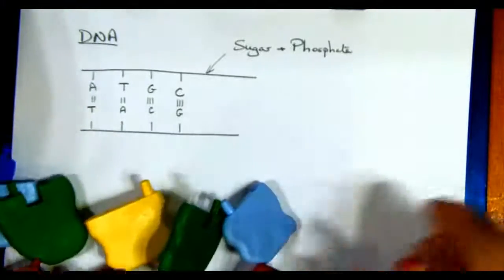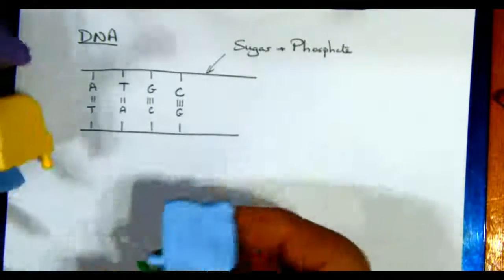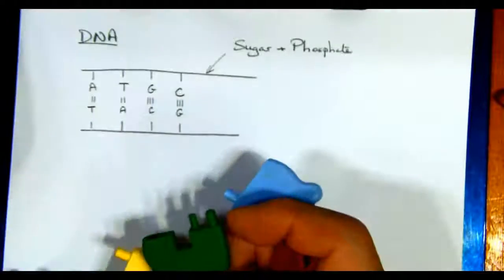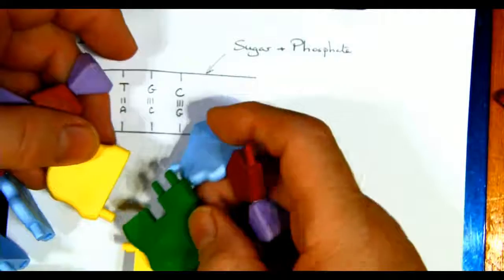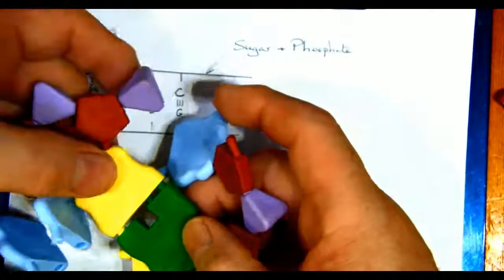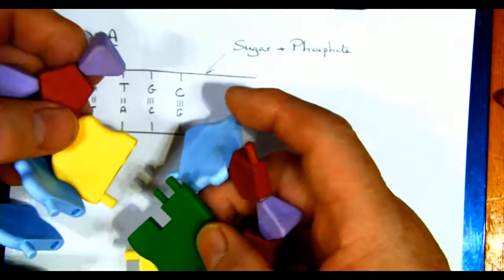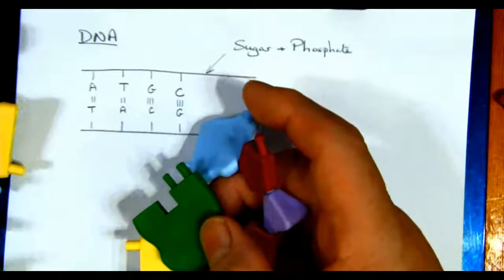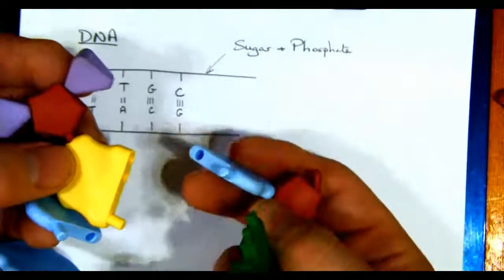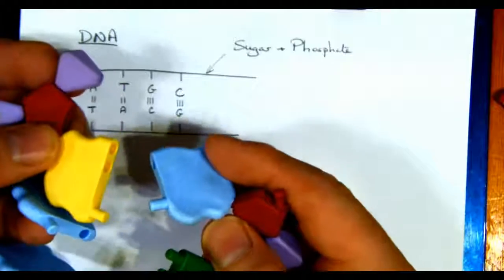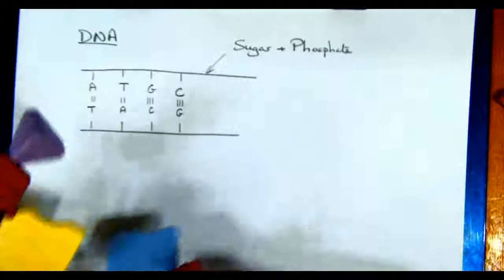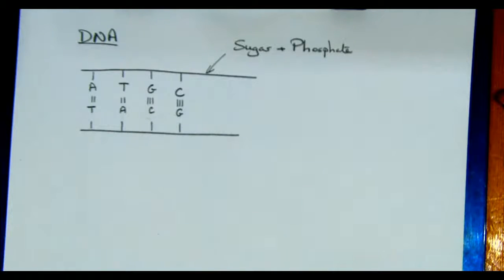So let's bring in a couple of these bases, and here you can see they've got 3 bonds and they will in fact join together. Whereas if I look at the other combination, then I've got 2 bonds, and the 2 bonds don't fit together with the 3 bonds, so they won't basically bind together.